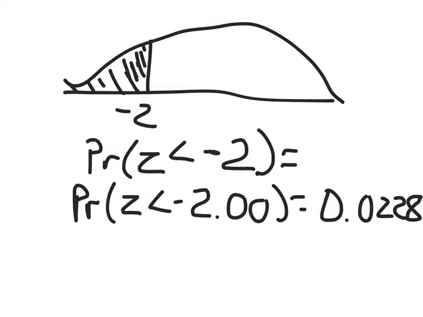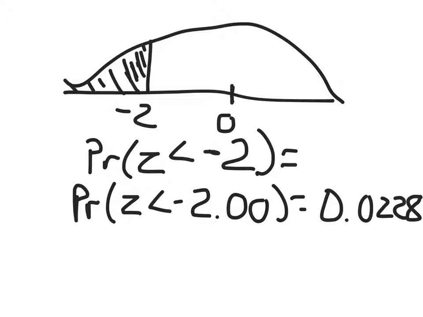So there's my mean 0. There's -2. So the probability that z is less than -2 is 0.0228. Okay? Pretty good.